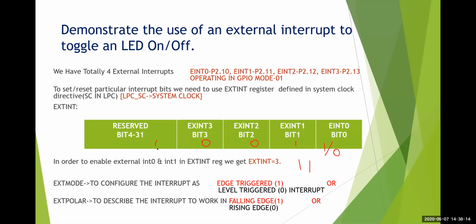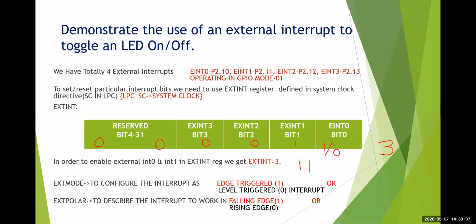From bit 4 until bit 31, these are not used. They are reserved for some other operations in future, and not used with respect to this Cortex M3. If I take the hexadecimal conversion, only these two bits are 1, so 1 and 1, the value is 3.